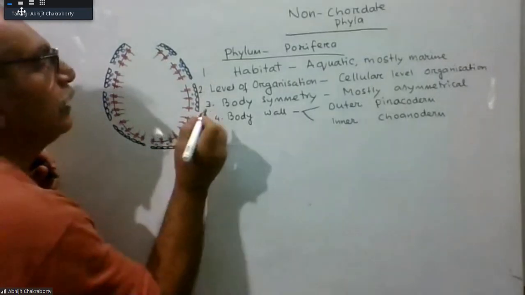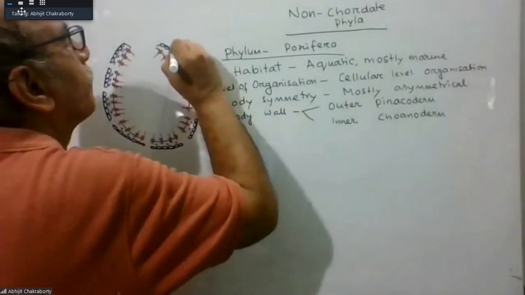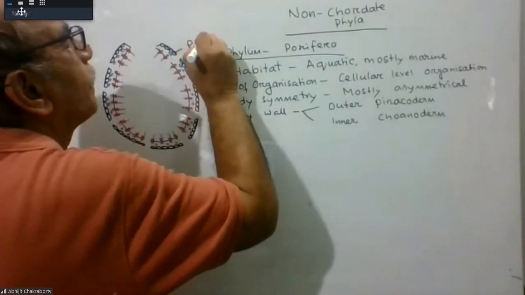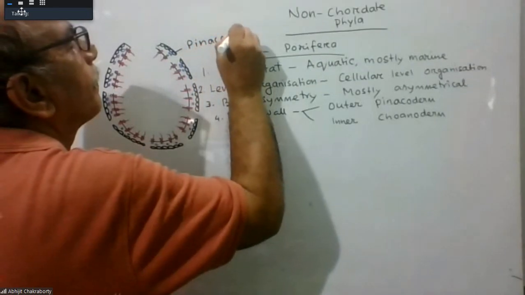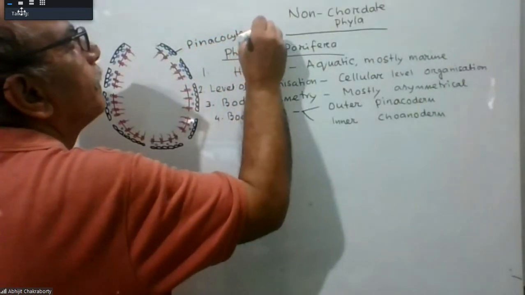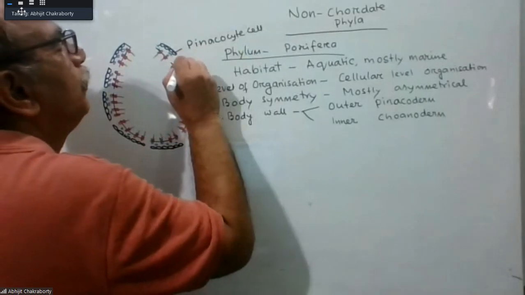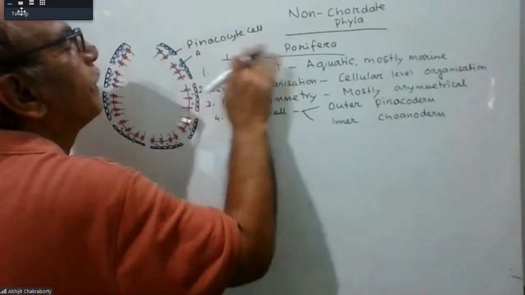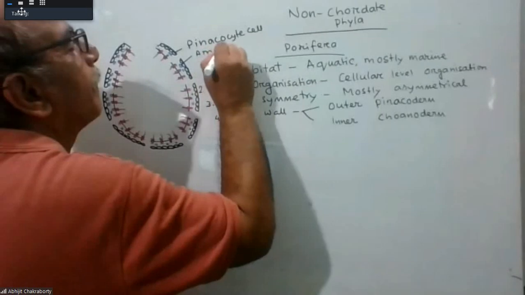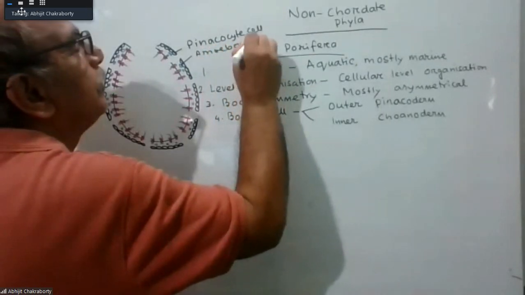So these cells are called, bluish one, amoebocyte.